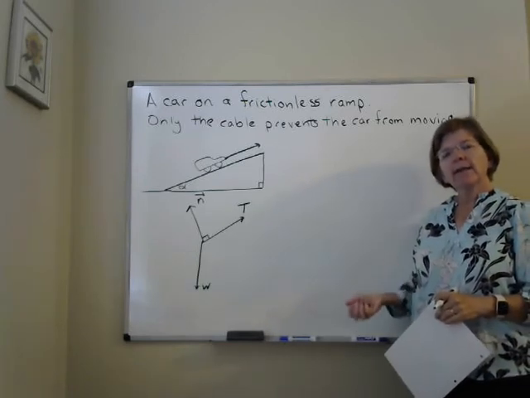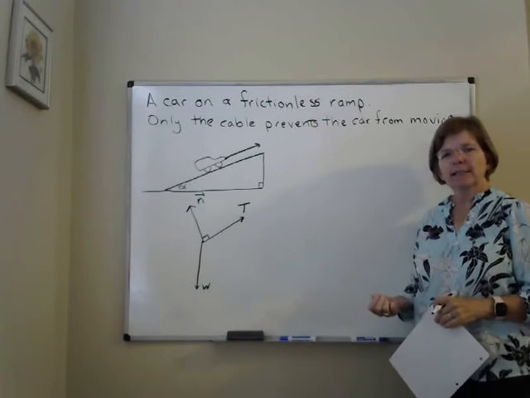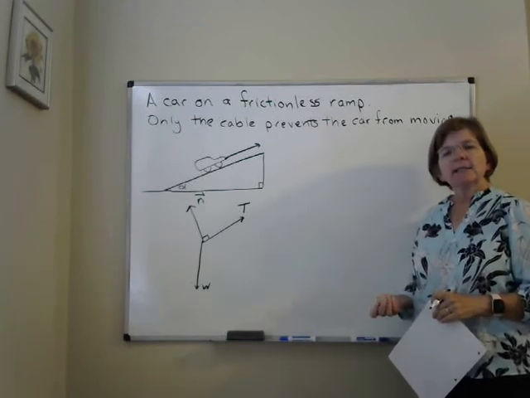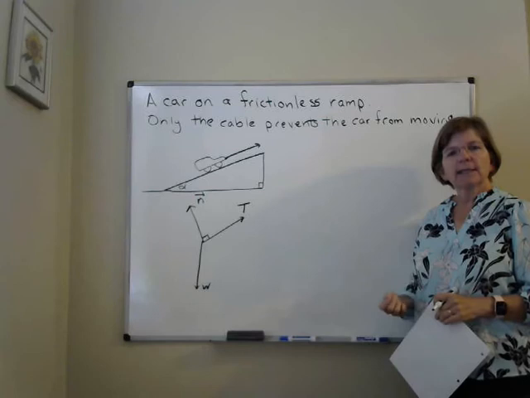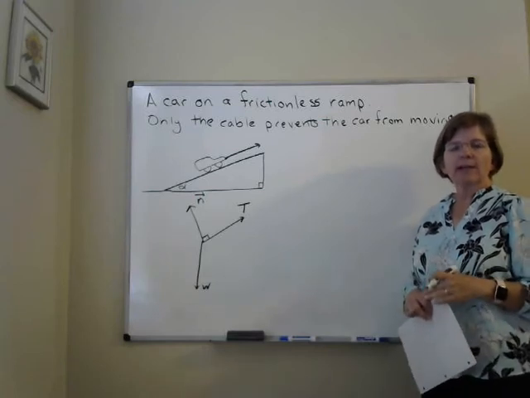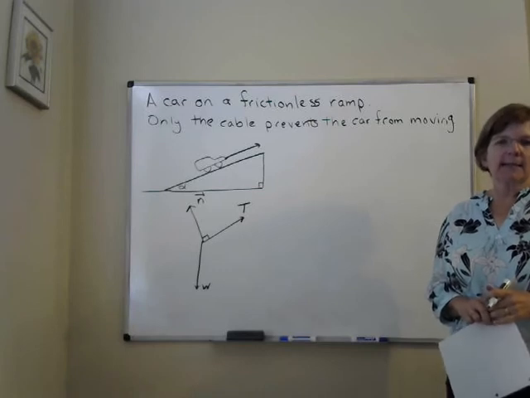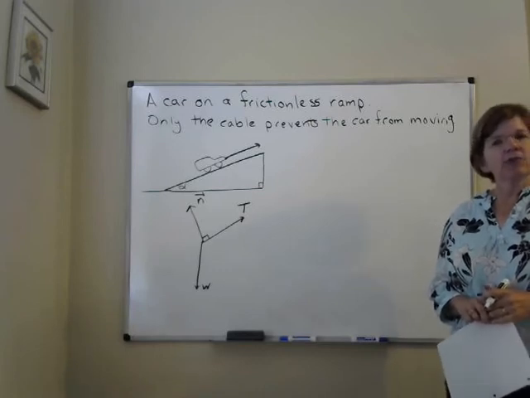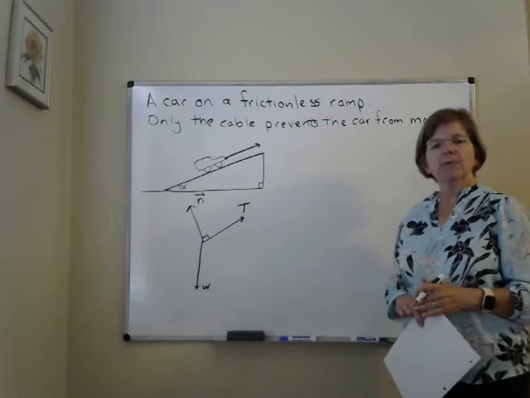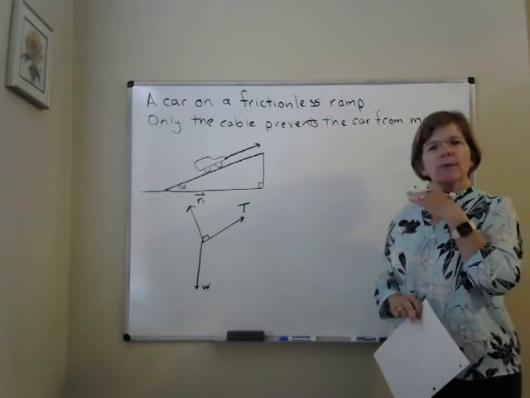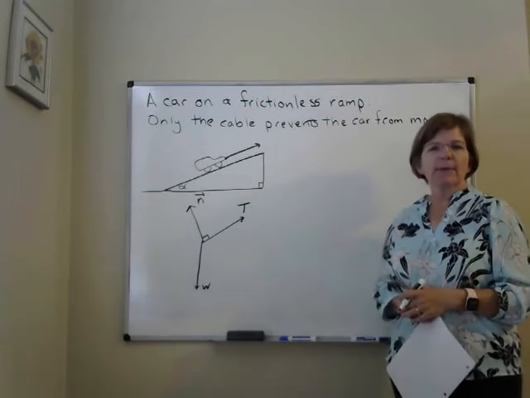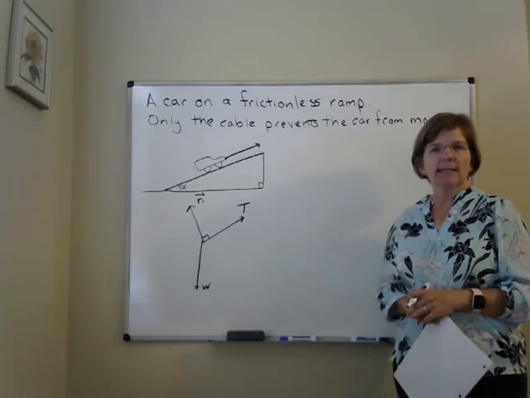We have to get everything in 2 dimensions. The easiest way to do it is going to be to let the direction of the ramp be the direction of the x-axis. That's going to be helpful in future problems too, because if we have a car rolling up or down the ramp, it's going to be moving along the x-axis.